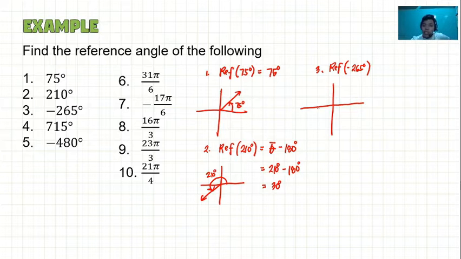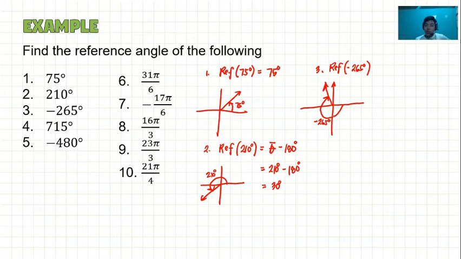So that is more than 180 but less than 270. So negative 270 is somewhere here. So our angle will be somewhere here. Okay, suppose that is your negative 265 degrees. So we now have our angle negative 265 degrees.